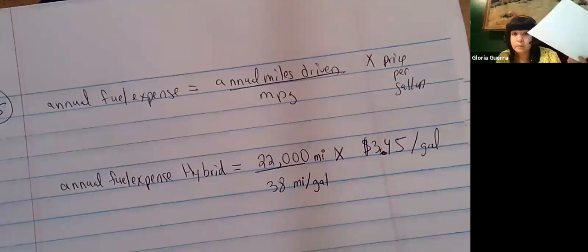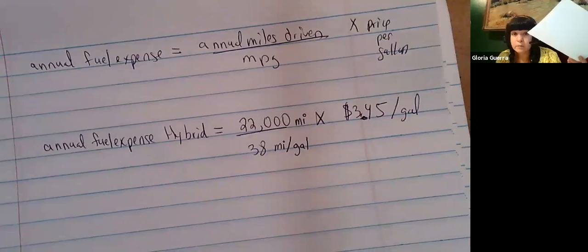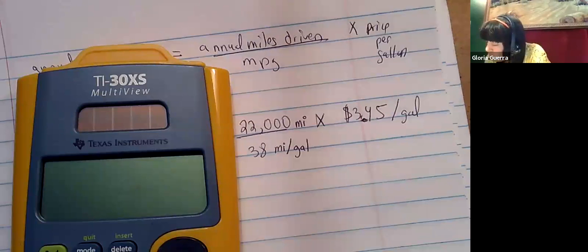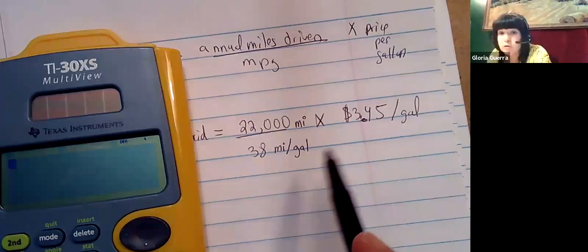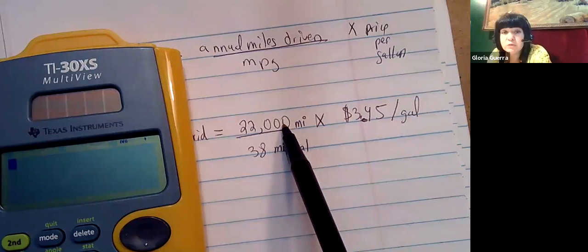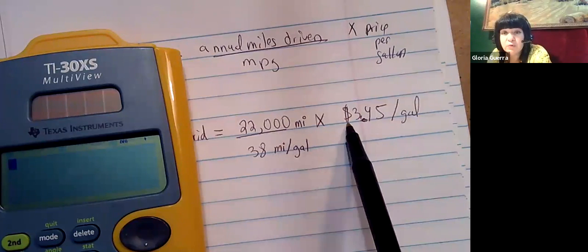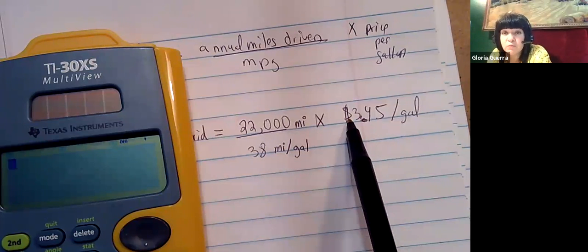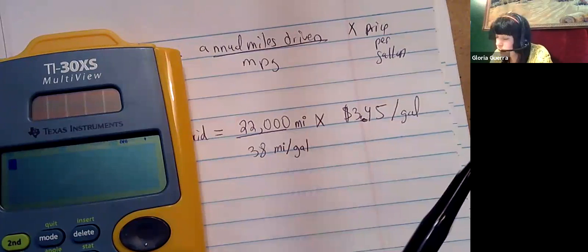All right, so I should be able to type that all into the calculator. You have a choice. You could do 22,000 divided by 38 times 3.45, or you could do 22,000 times $3.45 and then divide by 38. I'll do it both ways.